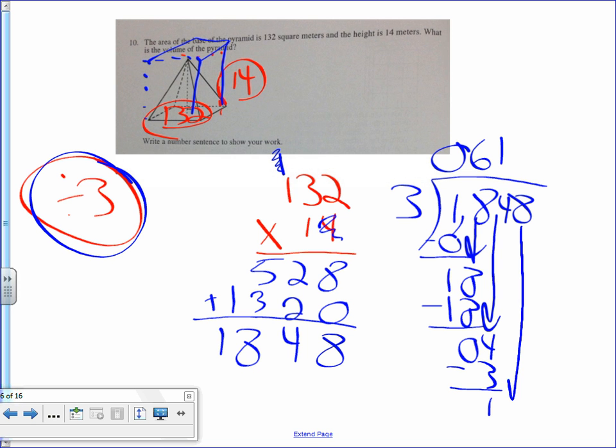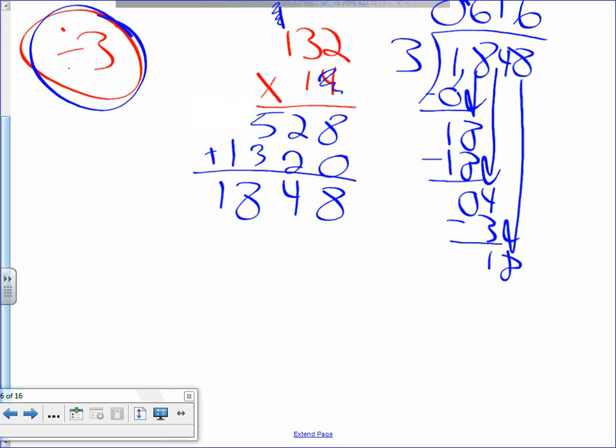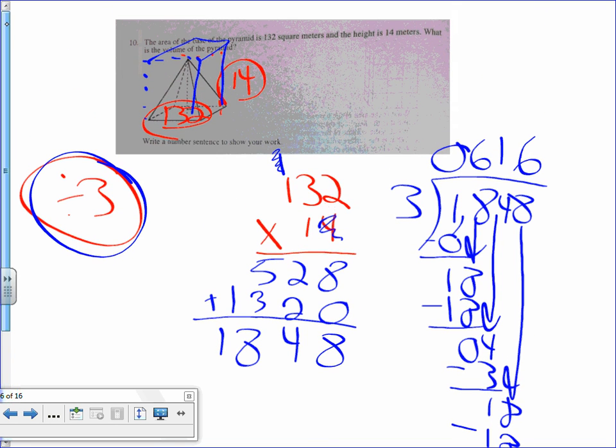Subtract, bring down the 8. How many times can 3 go into 18? 6 times. 3 times 6 is 18. 0. So my answer, 616. Volume is what we're working with, and we're working with meters cubed.